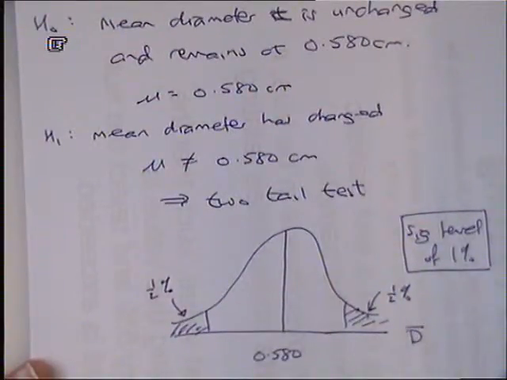So in this question we're going to have two critical values to find. One over here, which I'll call C1, and one over here, which I'll call C2. And if the sample's diameter is in one of those tails, we will conclude that H0 is false and we will accept H1. If our sample diameter is in the middle bit, then we'll say it's absolutely fine, we'll accept H0, nothing's changed.